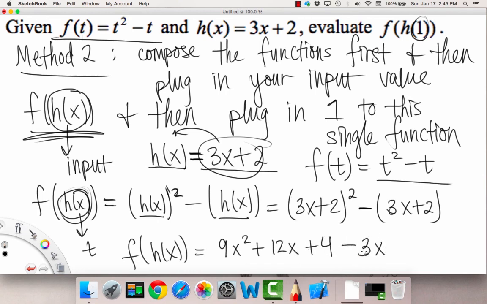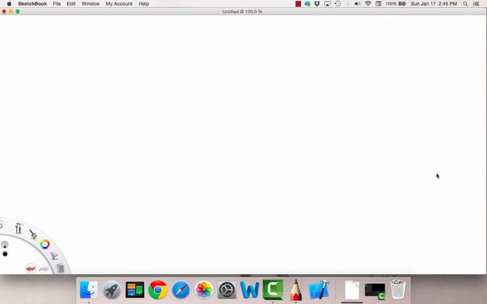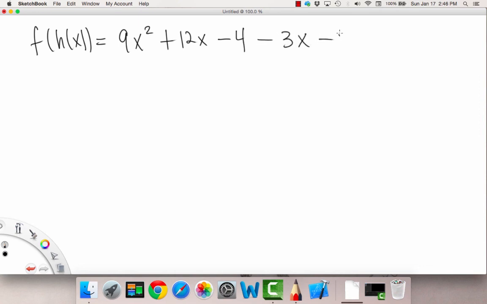So minus 3x, my 3's look funny, and then minus a 2, okay? So let's continue this on the next slide. So we have f of h of x is equal to 9x squared, then plus 12x, and then plus a 4, and then minus a 3x minus a 2. Sorry, that would be plus a 4.